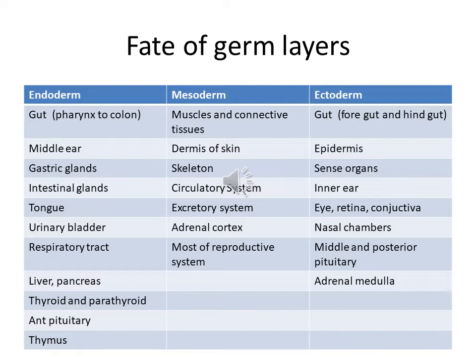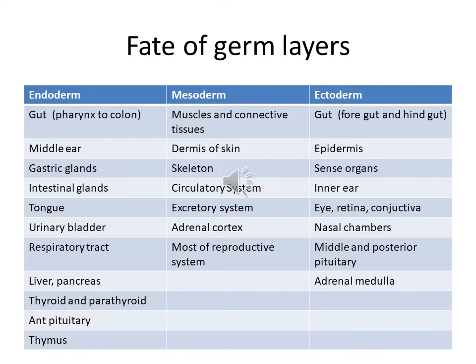All the things of skeleton are mesodermal. Circulatory system. In the circulatory system, your heart, blood vessels, capillaries, arteries, veins, all these are mesodermal in origin. Excretory system except urinary bladder, adrenal cortex and most of the reproductive systems.